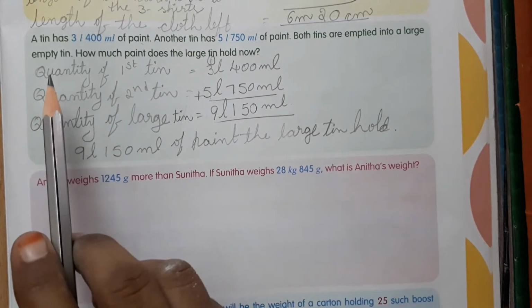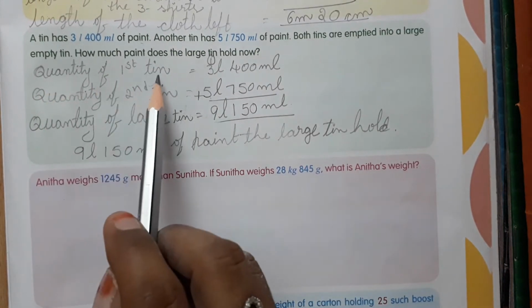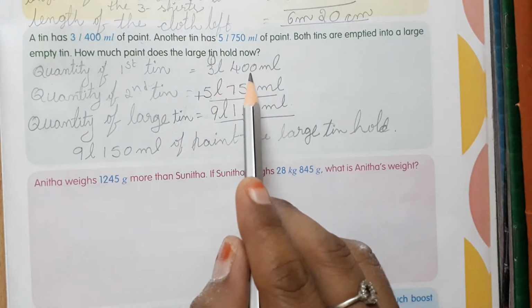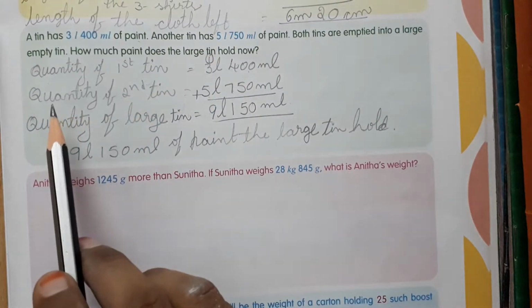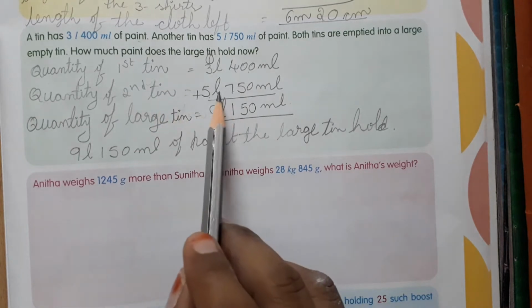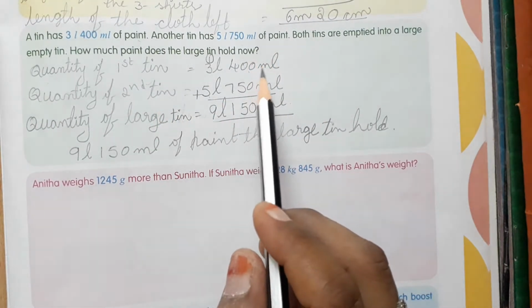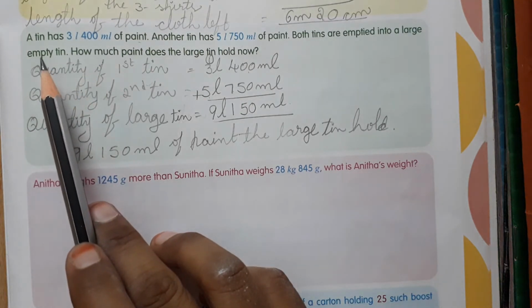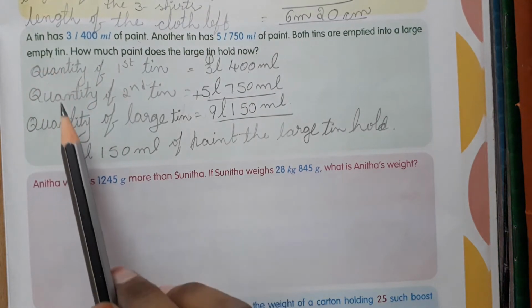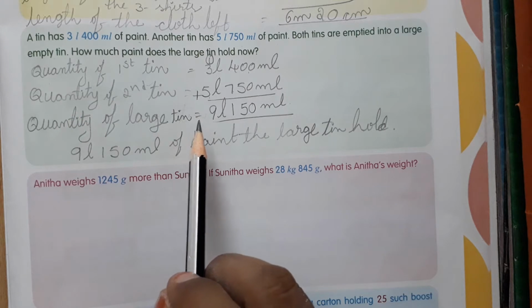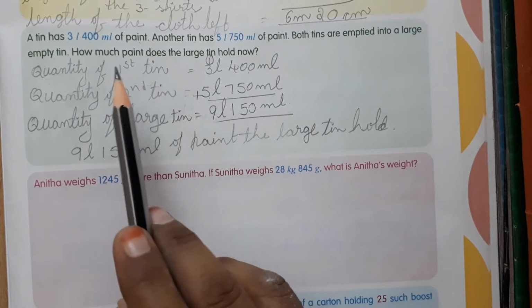So the quantity of the first tin is 3 liters 400 milliliters of paint. Next, the quantity of the second tin is 5 liters 750 milliliters. Now both the tins are emptied and transferred into a large tin. Now we have to find out the large tin capacity.